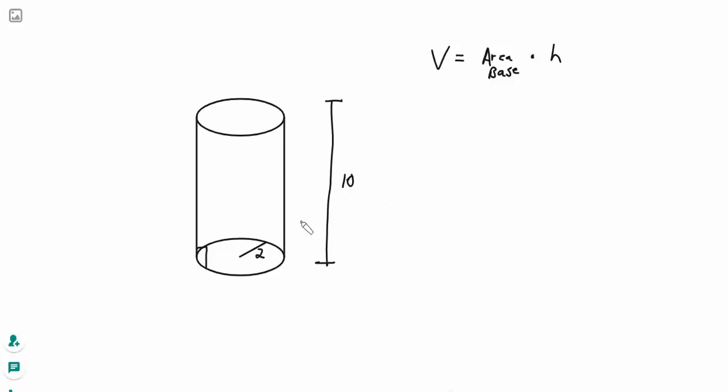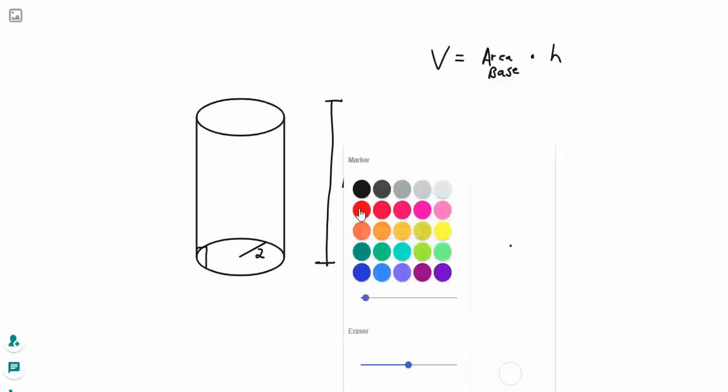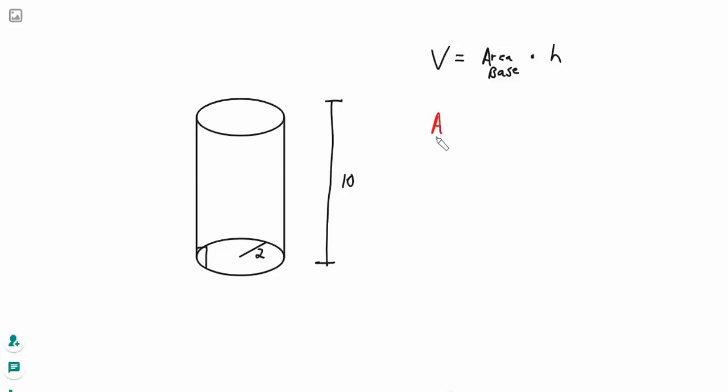All right, so the area of this base, well, in this case we have a circle for a base, right? So we need to find the area of the circle. So what's the formula for the area, and maybe I'll put underneath this, of a circle, just to clarify what we're doing. The area of the circle is going to be pi r squared, right?